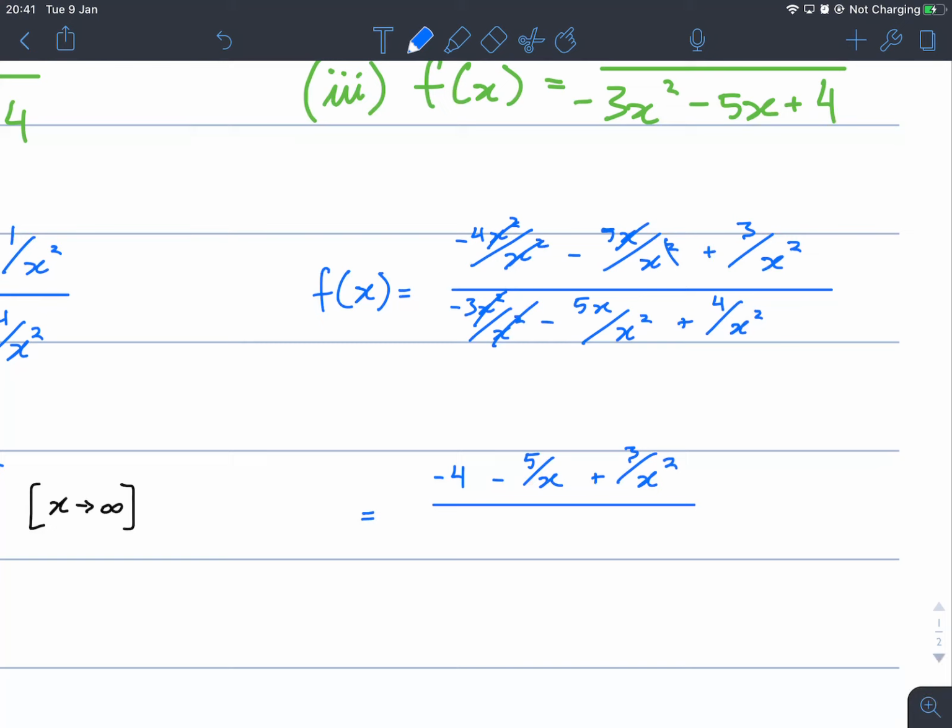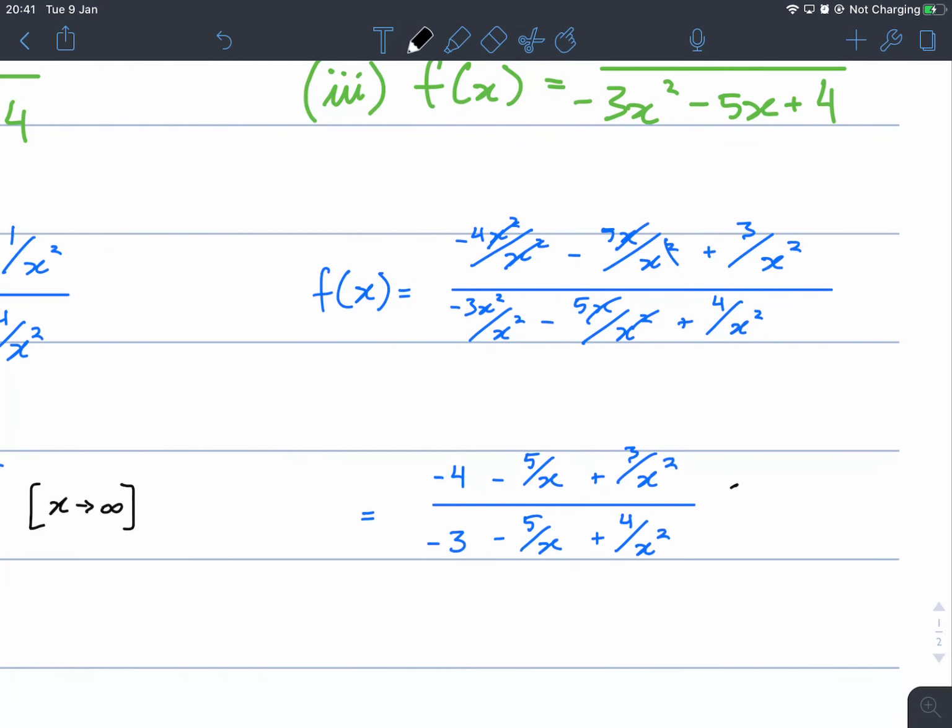These x squareds cancel in the denominator, leaving us with just negative 3. One of these x's will cancel, leaving us with negative 5 on x. And this last term stays as it is. It's going to be plus 4 on x squared.